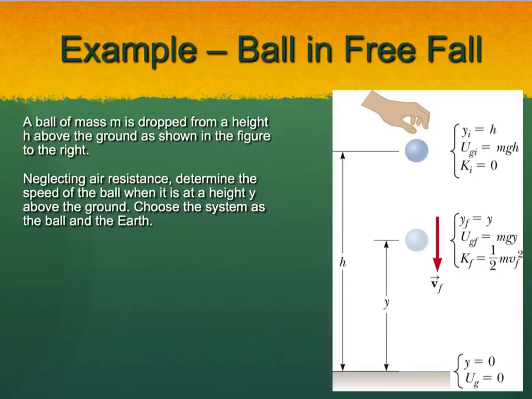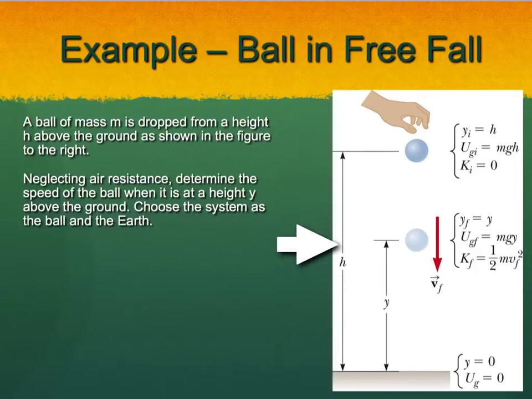So it's not just the ball, but the interaction between the ball and the earth, that whole thing is our system. So we have our ball of mass M, and we're dropping it. It's at height h to begin with. We are dropping it, and we want to know what the speed of that ball is when it reaches a height y above the ground.